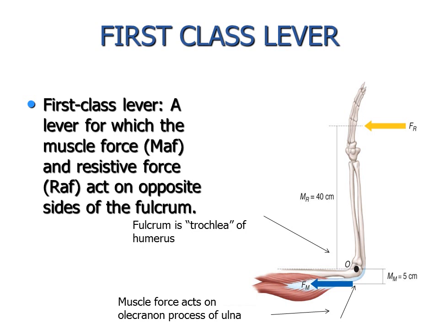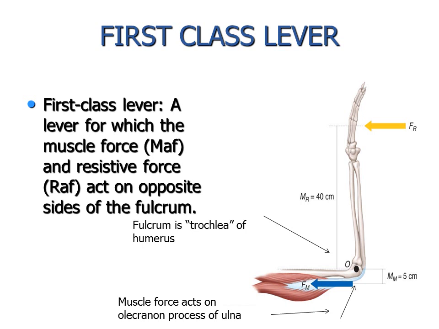So consider a first-class lever of the triceps muscle acting at the elbow. So let's just talk about this anatomically. The tricep muscle, as you know, attaches on the olecranon process of the ulna bone. And when we perform resisted elbow extension, we are employing the triceps muscle to extend the forearm by pulling on the olecranon process of the elbow.